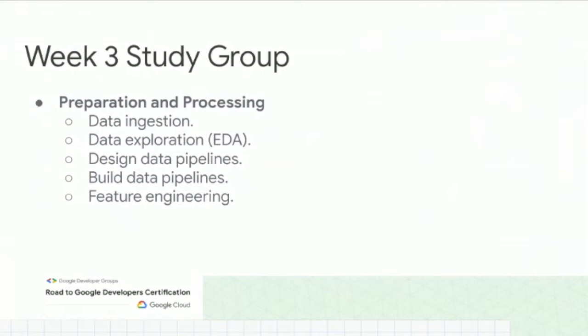Our key concepts are data ingestion, best practices with the architecture, and how to deal with missing data or with data sets which can have imbalanced classes. We're going to talk a little bit about that later during this session.